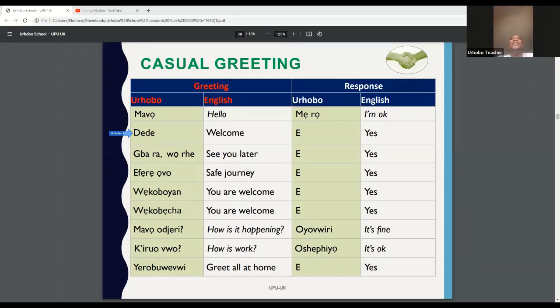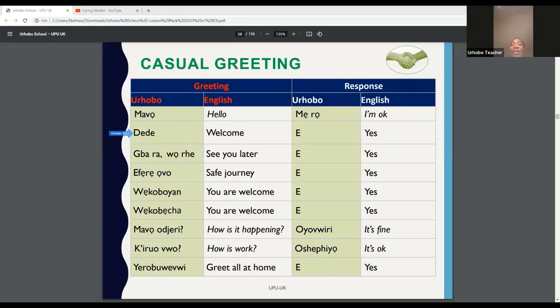Do can mean sorry. So you can say do well done, do welcome. You can use do to say welcome if you want. It means well done, it means thank you. There's a way you say it, it can mean sorry, which is do, sorry.